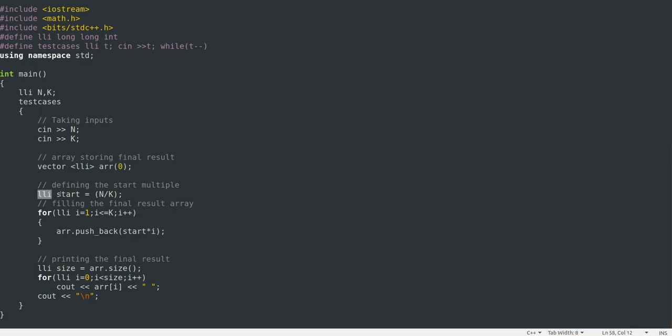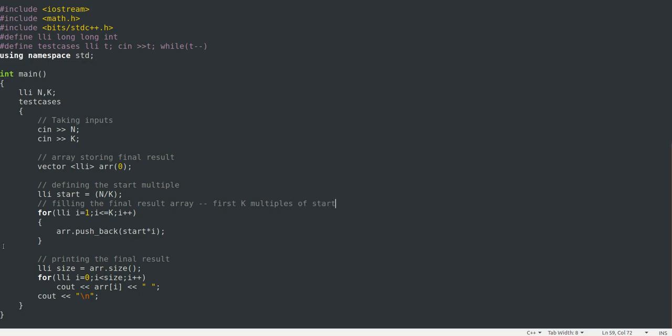Then we are calculating the start value, which is n by k. We saw this in the whiteboard part. So we are defining the start multiple here, which is n by k. And then we need to compute the first k multiples of start.